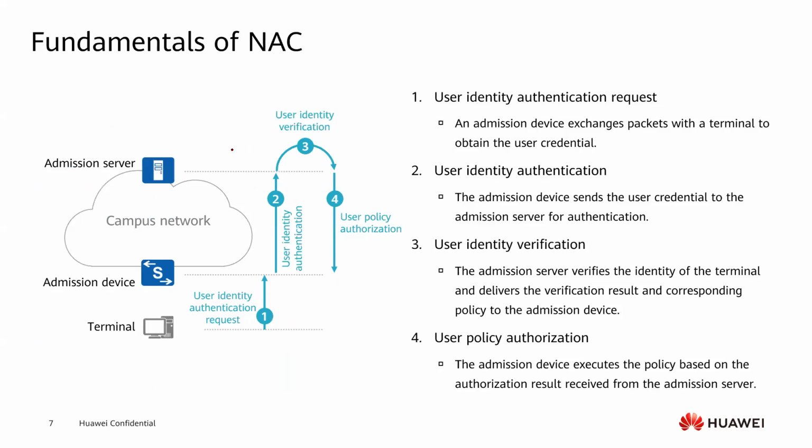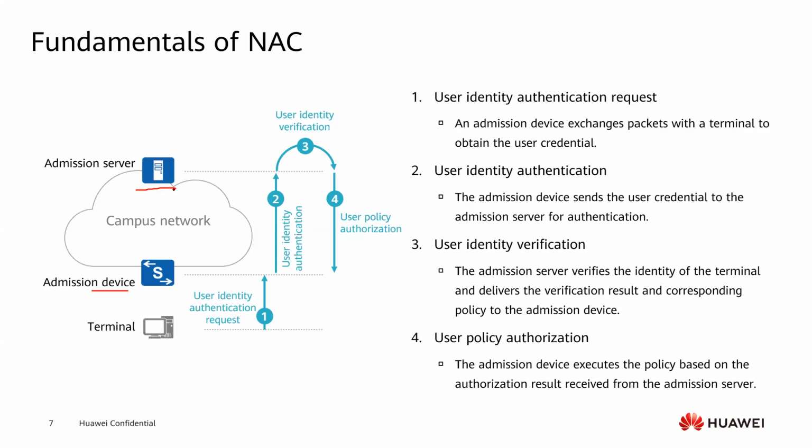And this is the whole process for NAC authentication, as I introduced. First, the user sends the identity authentication request to the admission device. As usual, the device is a switch, but APs and routers can also act as admission devices. Then the admission device transmits the identity information to the admission server.